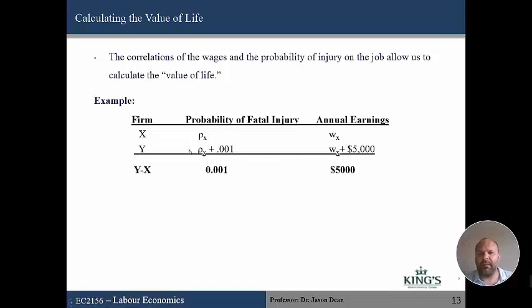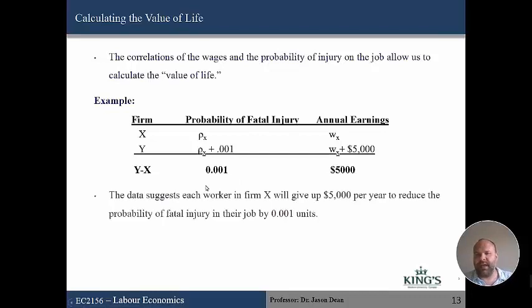And firm Y, the probability of injury is 0.001 higher, and their wages are $5,000 higher. So in this case, the difference in earnings between the firms is $5,000, and the probability of fatal injury is 0.001. Okay, so that's for every 1,000 workers, there would be one injury. So the data suggests here that each worker in firm X would be willing to give up $5,000 per year to reduce the probability of fatal injury in their job by 0.001 units.